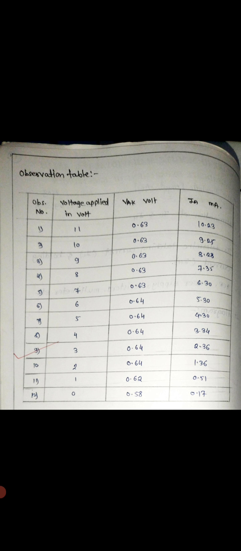Once the SCR is conducting, the gate loses control, and the SCR can be turned off only if the current falls below the holding current. The typical value of the holding current of the SCR is 8 milliampere to 10 milliampere. The holding current is effective at the time of turning off the SCR.